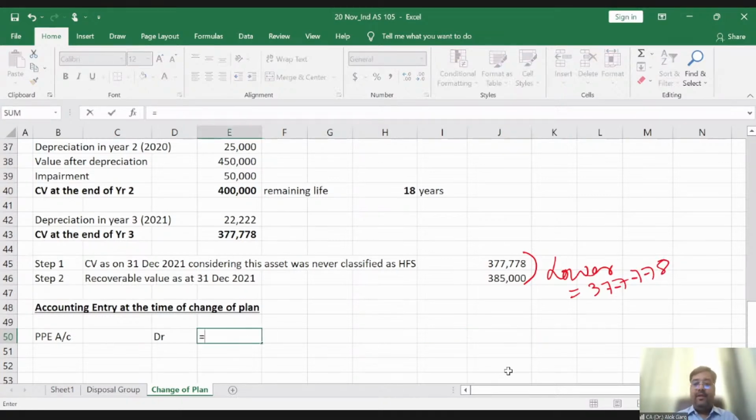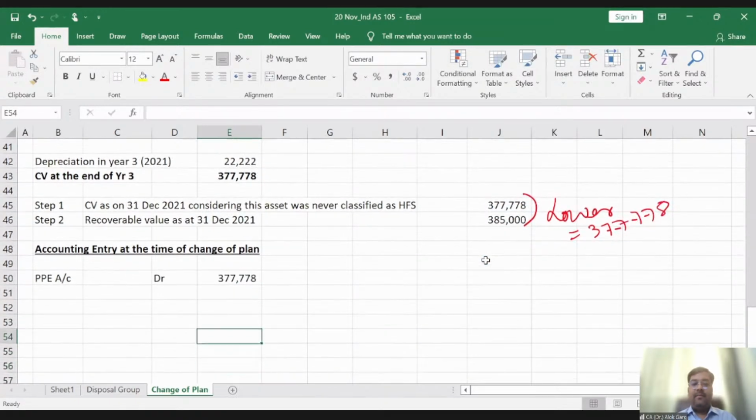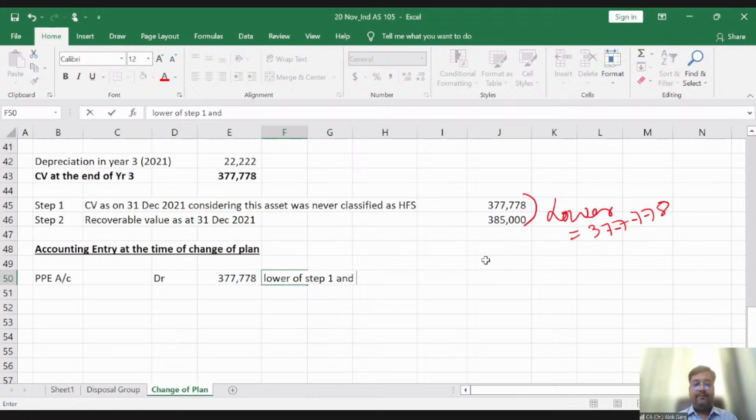PPE account debit 377,778, which is the lower of step 1 and step 2.